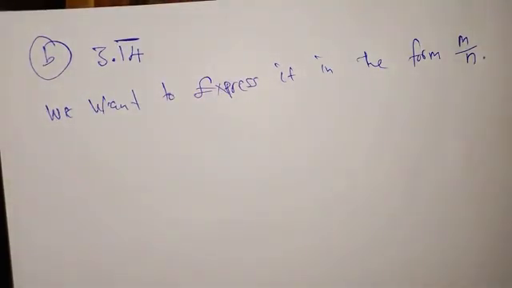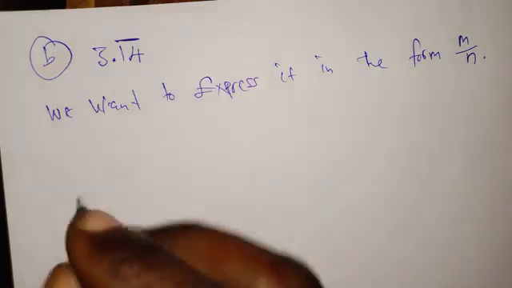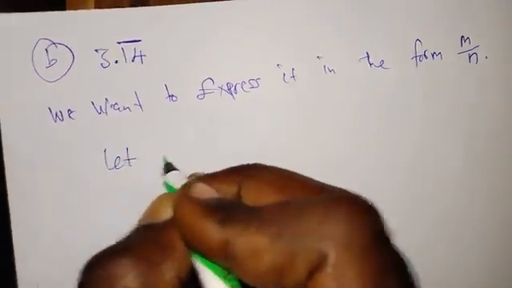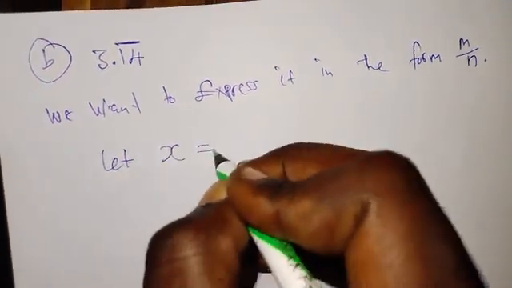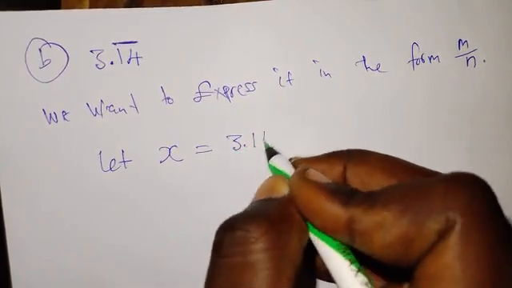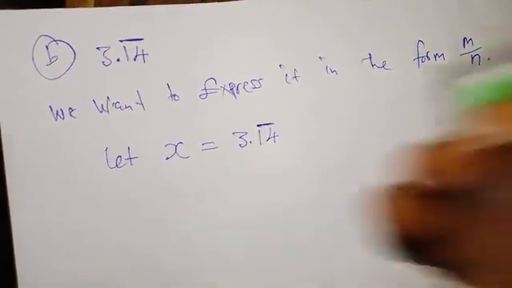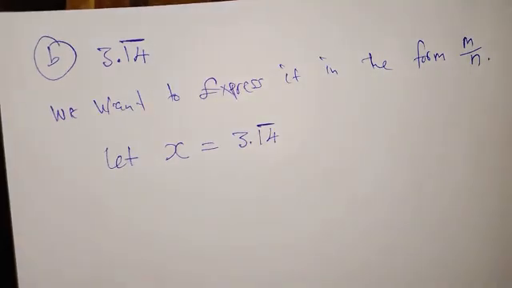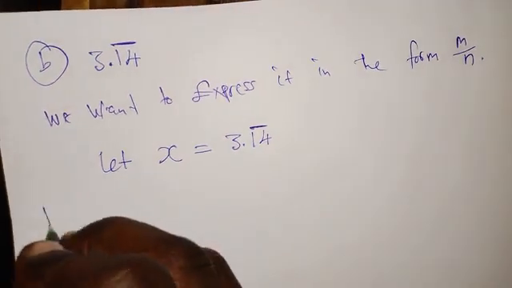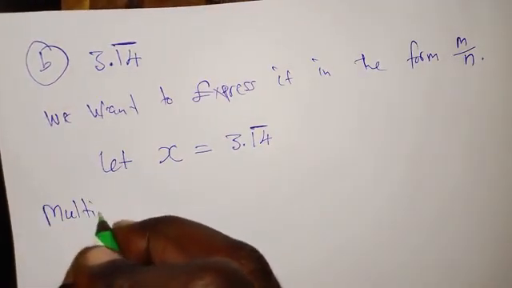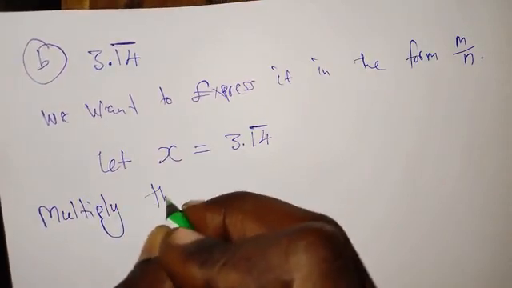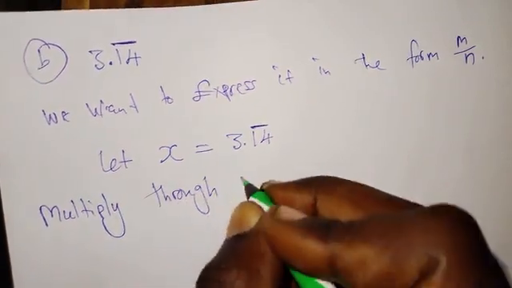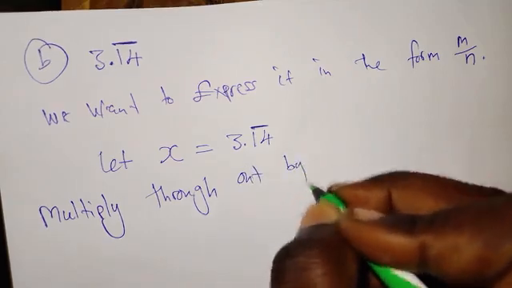First thing is first, just as we did in the previous one, we're going to let our x be equal to 3.14 repeating. If my x is equal to 3.14, what do I do? We're going to multiply throughout by 10.